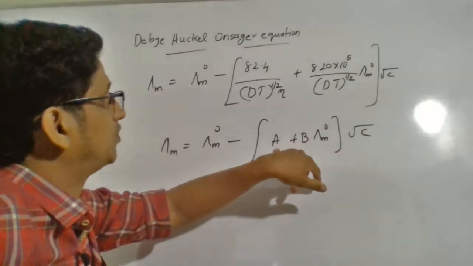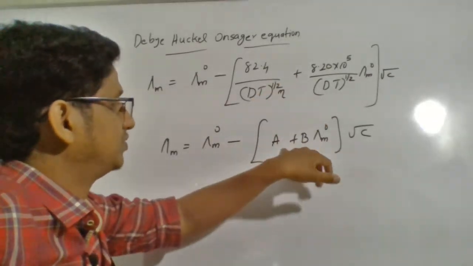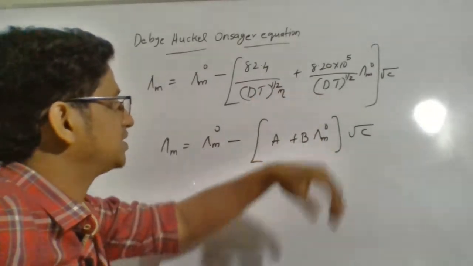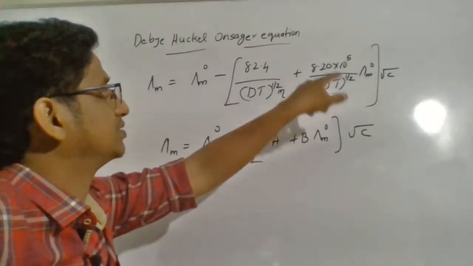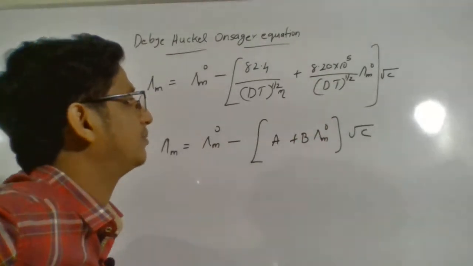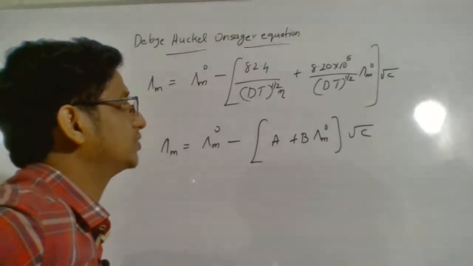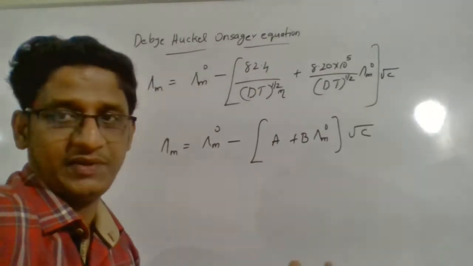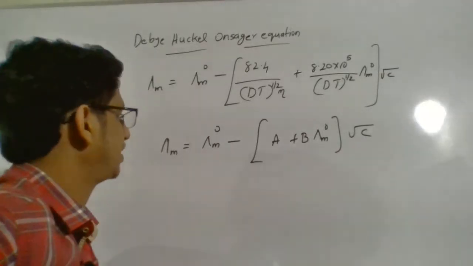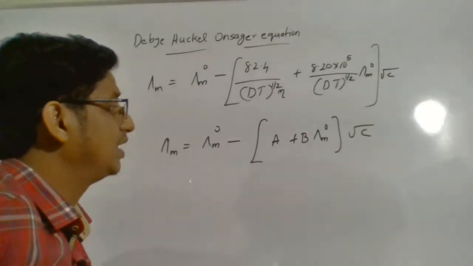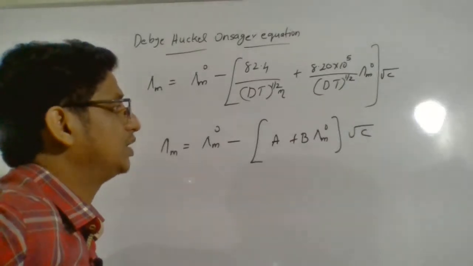These are all constants, so we introduce a constant instead of this. B is nothing but another constant, 8.20 into 10 raised to 5 divided by (DT) raised to half, that is the B part. So we can simplify the Onsager equation: lambda m is equal to lambda m0 minus (A plus B lambda m0) into root c.